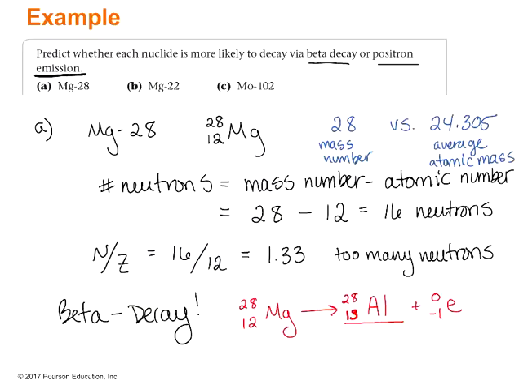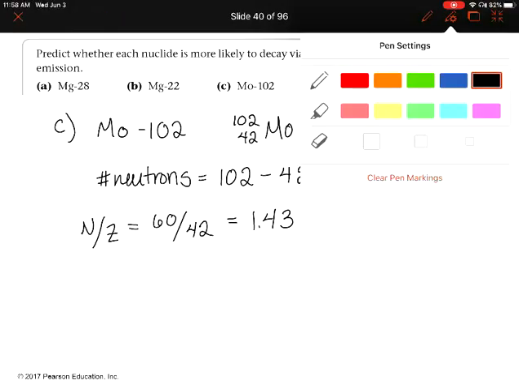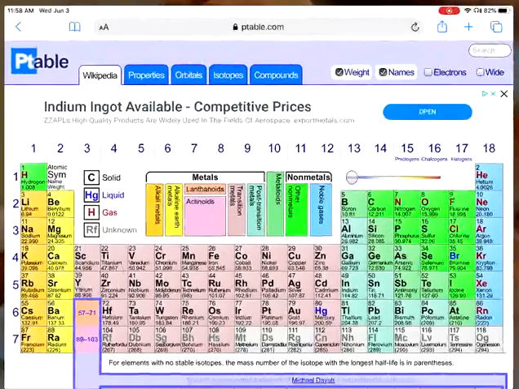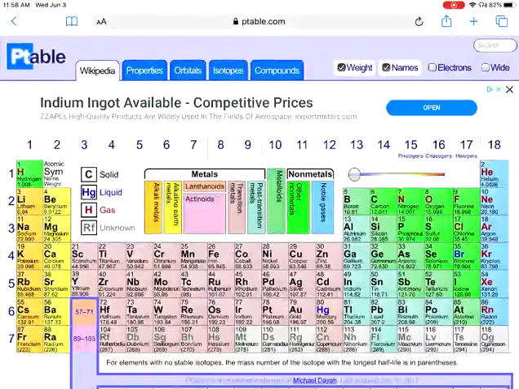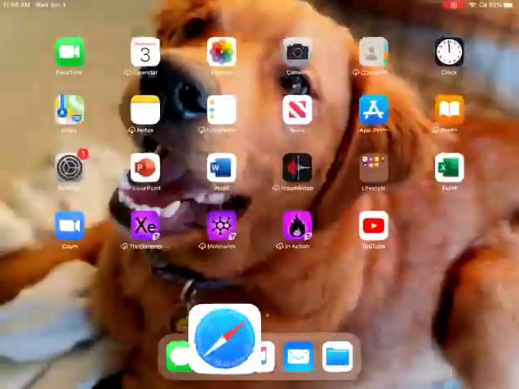Okay, so let's go back. Let's also double check the mass number versus the average atomic mass. 102 is our mass number, and let's look up molybdenum's mass. Molybdenum's average atomic mass is 95.95.